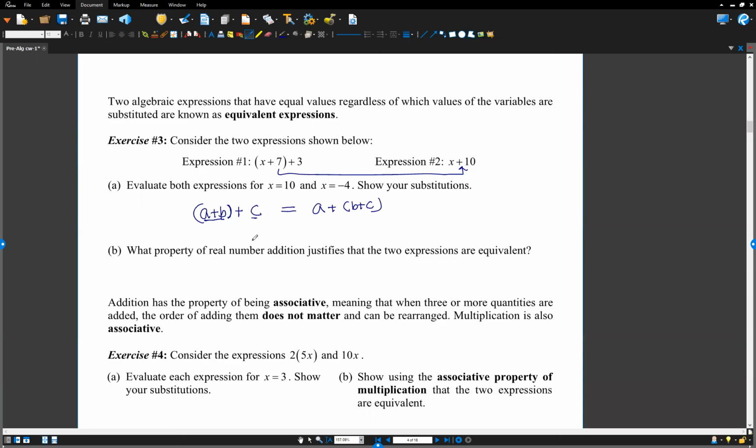This property is called the associative property. Associative means different group. Since it's addition, you can change where the groups are. First two numbers is one group, second and third number is another group. That is associative.